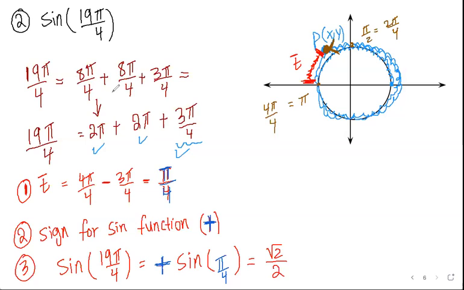You keep adding 2 pi until you arrive at the last one. The last one, 3 pi over 4, I use to find the reference number, and also I continue solving this question.